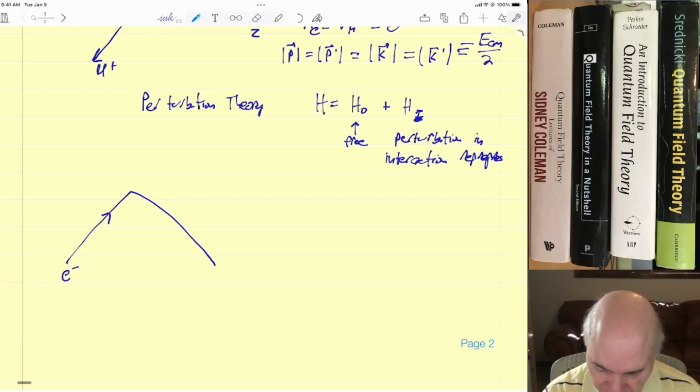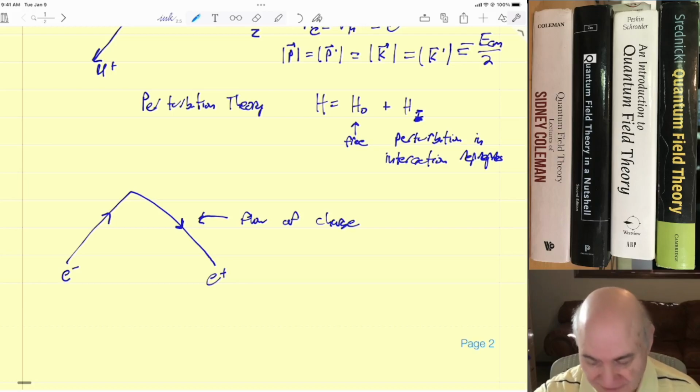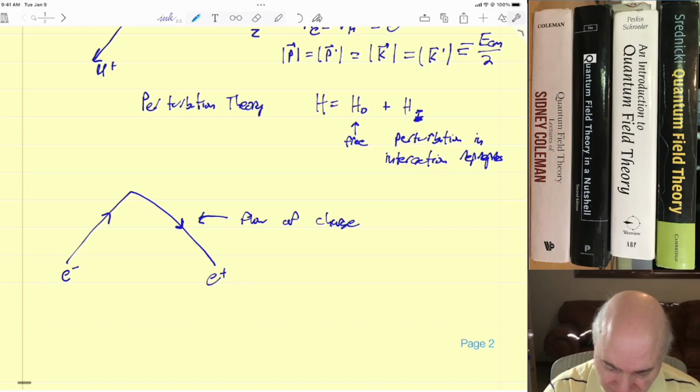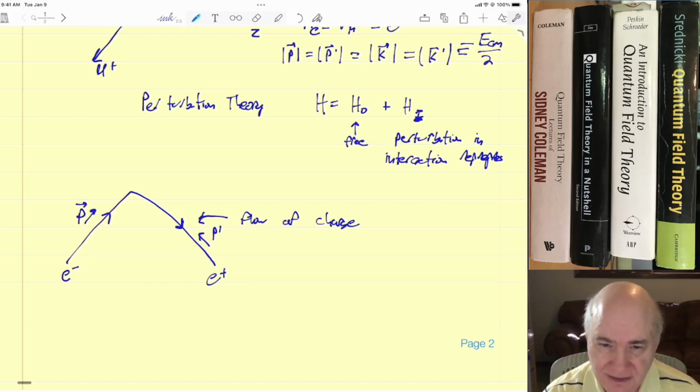Anyway, there's an electron, there's a positron, and on Feynman diagrams, the arrows on the lines, at least for QED, represent charge. So this is the flow of charge. Positive charge is going forward, so it's as if negative charge is going backwards. The only important thing is that the momentum is this way, and P prime is this way. So it's two particles that are going in, intersecting.